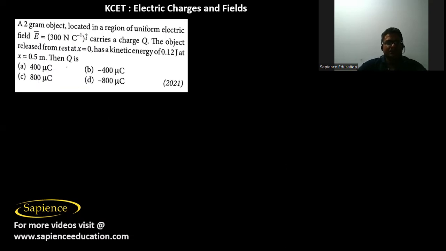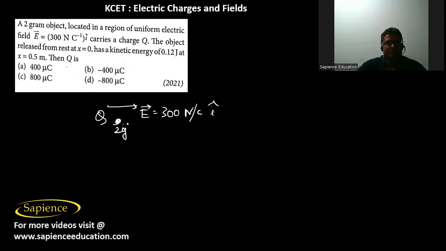Then here it is told, a 2-gram object is located in a region of uniform electric field equal to 300 Newton per Coulomb i cap. It carries a charge q.